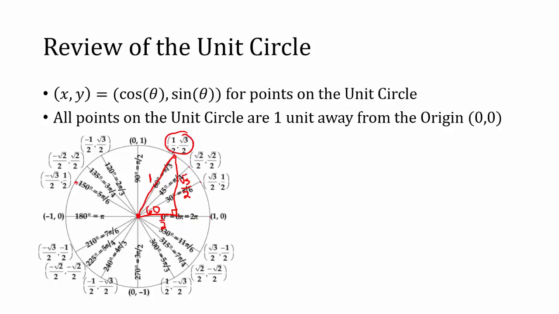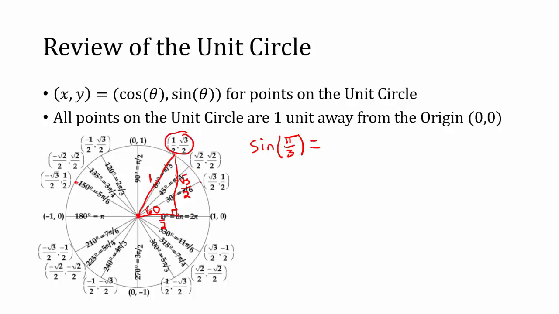So let's say I wanted to evaluate the sine of pi over 3. From this triangle I've drawn here, if I look from this vertex at the origin, the opposite side is root 3 over 2, and the hypotenuse is 1.